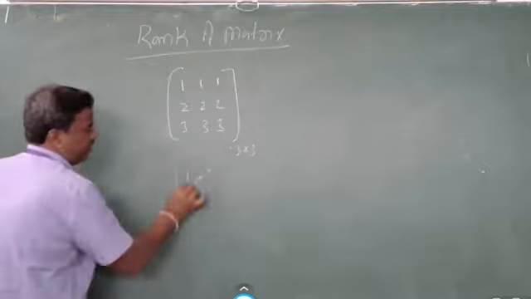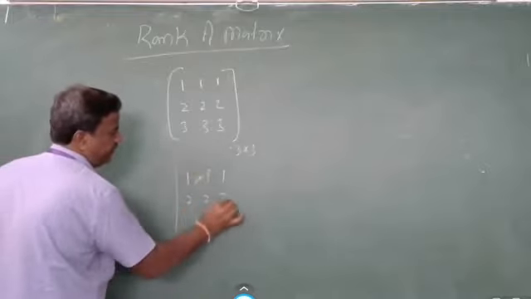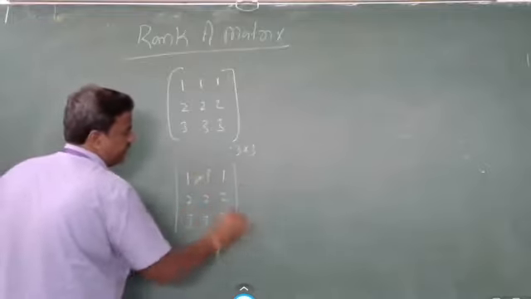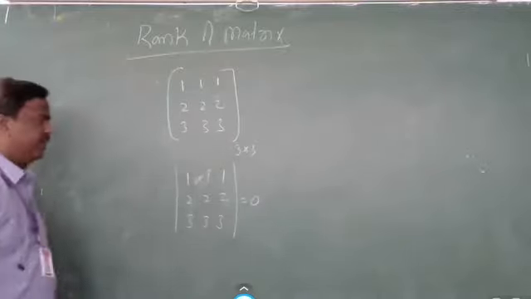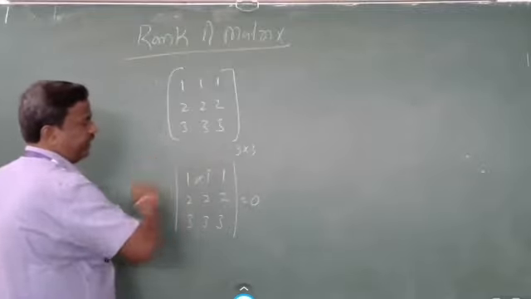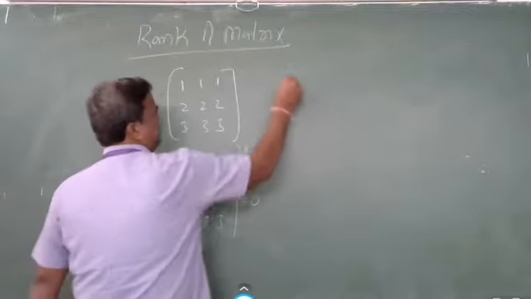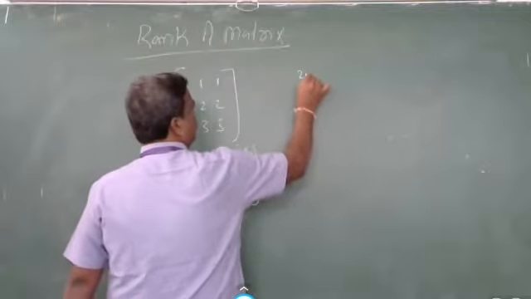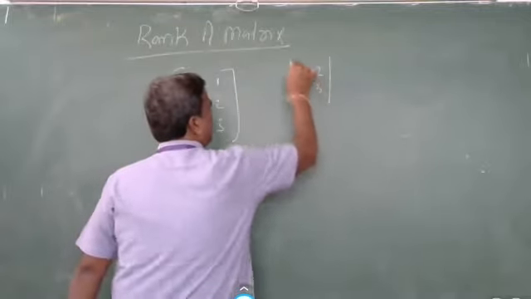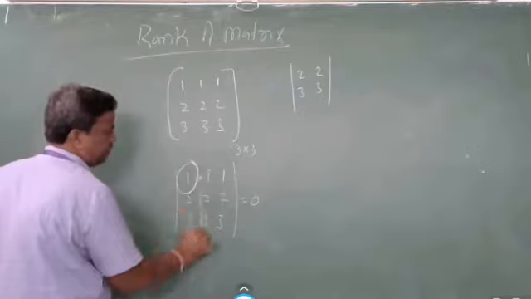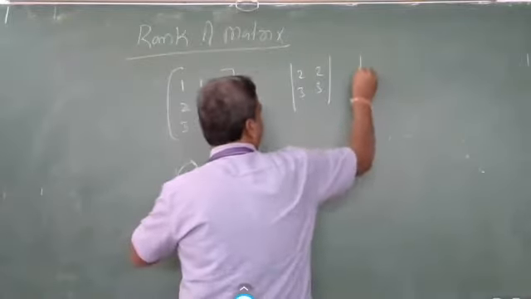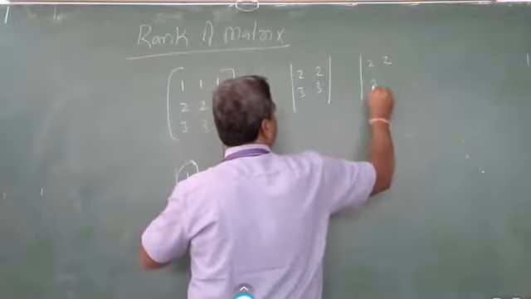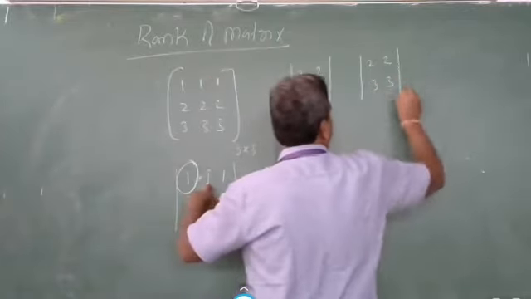Now you take the determinant of this one, which is equal to 0. Now take the remaining submatrices. For the first element 1, the square submatrix is 2, 2, 3, 3. The same again for the second and third.